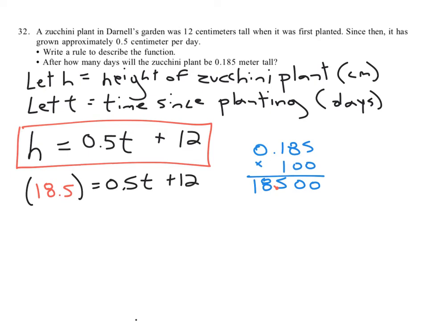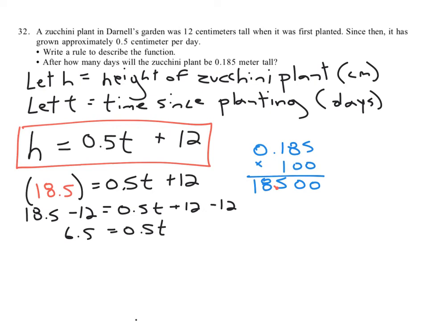So we'd say minus 12 from both sides. 18.5 minus 12 equals 0.5t plus 12 minus 12, or 6.5 equals 0.5t.